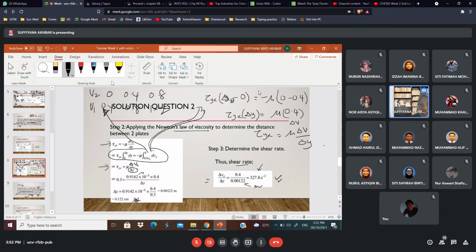As long as the difference, delta V, is 0.4. If you want to prove this, you can try at home. You masukkan range dia berbeza-beza. As long as the delta V itu 0.4, then okay. You akan dapat a similar answer.